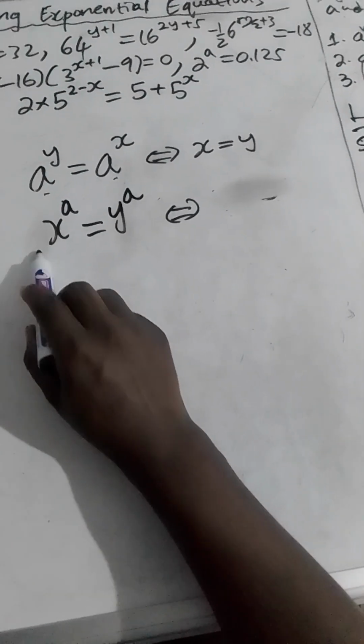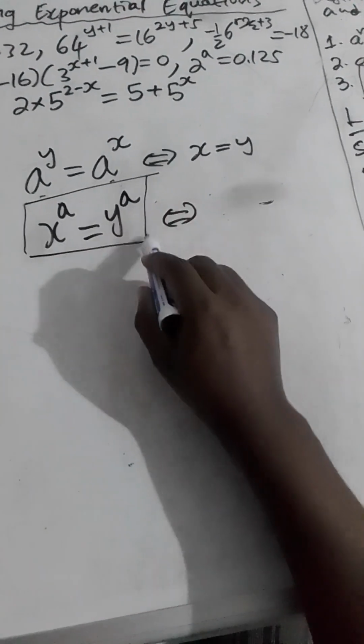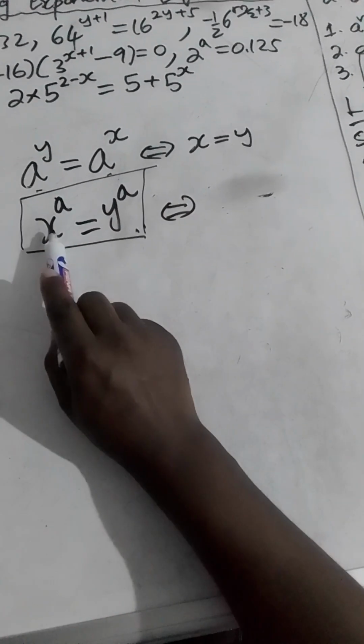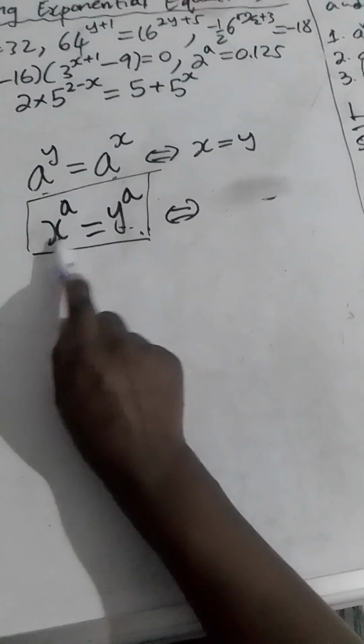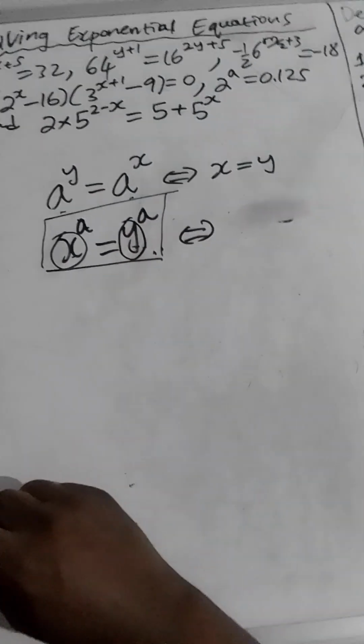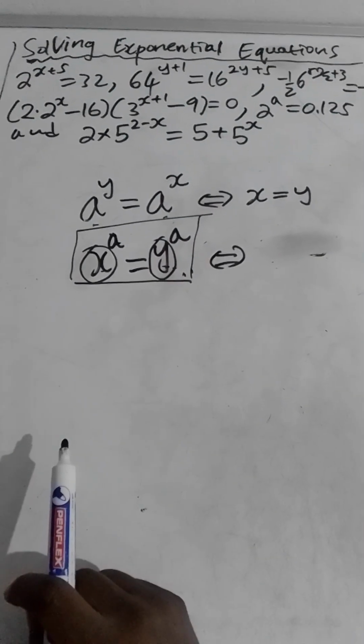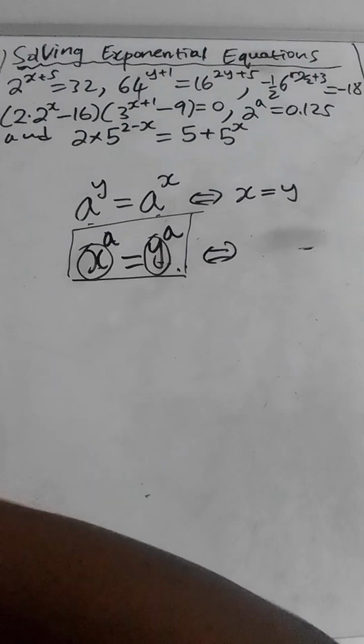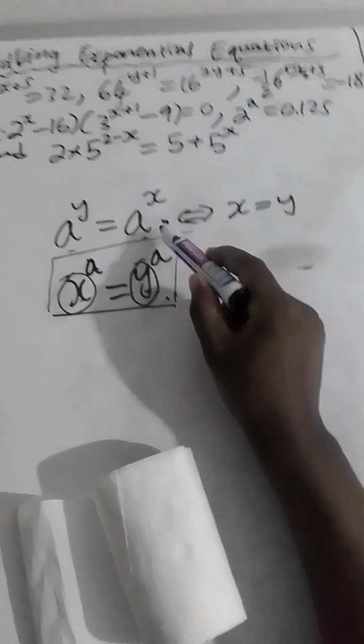If we say x to the exponent a and y to the exponent a, we have two powers where the bases are not the same. In fact, they are unknown. And the exponents are the same. Then it means that whatever is here is equal to there. So those are the kind of arguments that you have. But in most cases, we will be dealing with the first one.